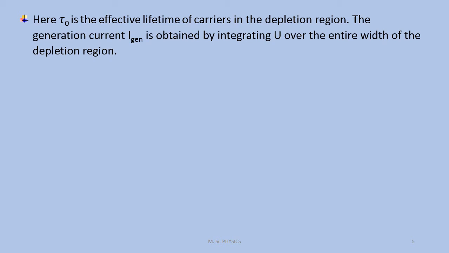Here, tau is the effective lifetime of carriers in the depletion region. The generation current I_gen is obtained by integrating U over the entire width of the depletion region.